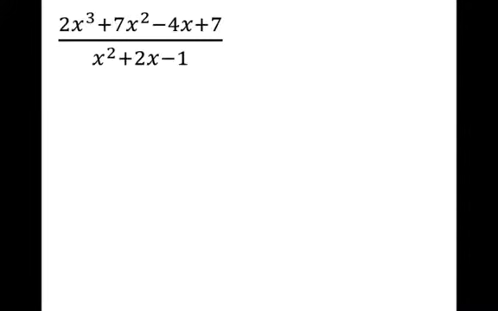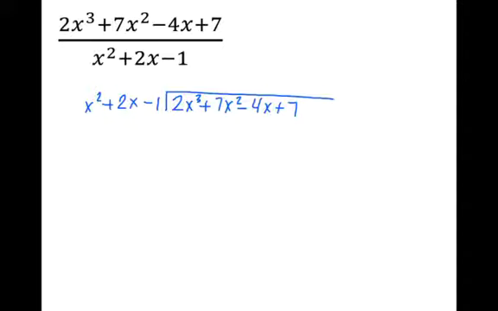So this example, I have 2x cubed plus 7x squared minus 4x plus 7, all divided by x squared plus 2x minus 1. So x squared plus 2x minus 1 goes on the outside. 2x cubed plus 7x squared minus 4x plus 7 goes on the inside.